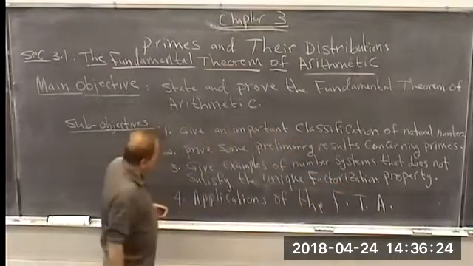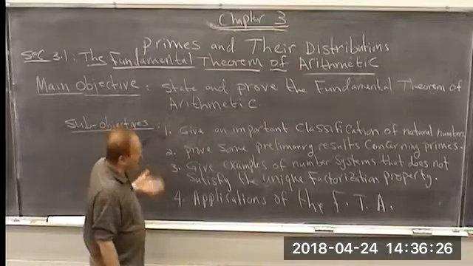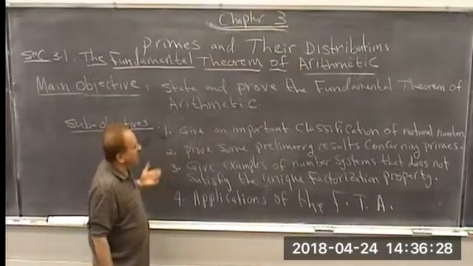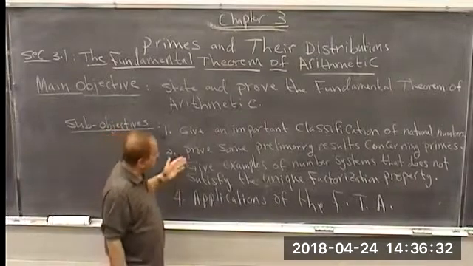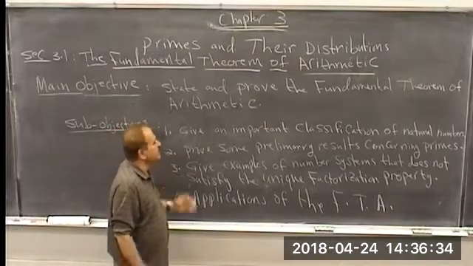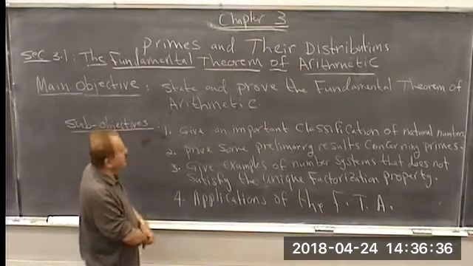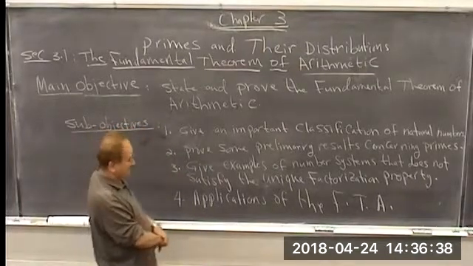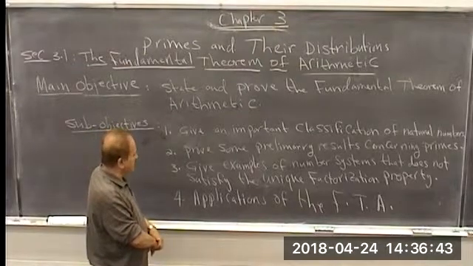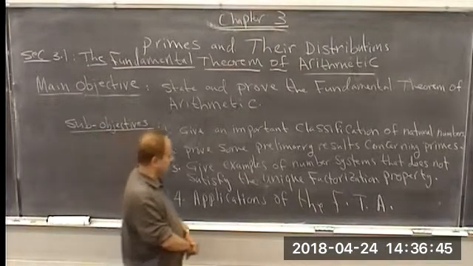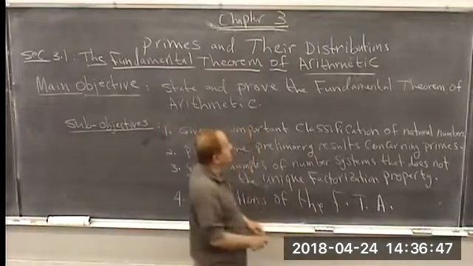There are some systems that share a lot of properties with the natural numbers, but in these systems unique factorization does not hold anymore. And then finally we end with looking at some applications of the fundamental theorem of arithmetic.